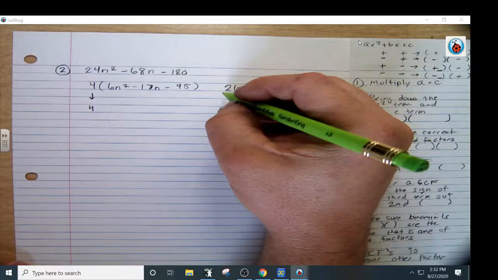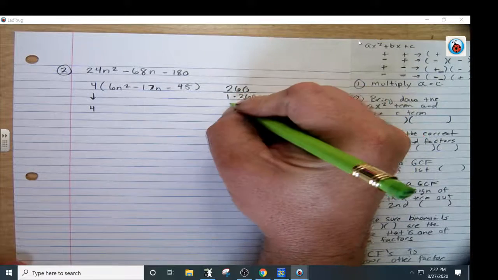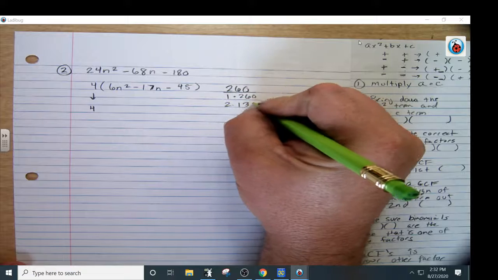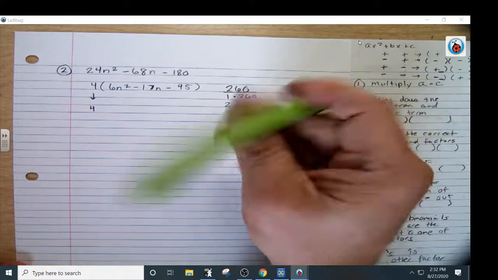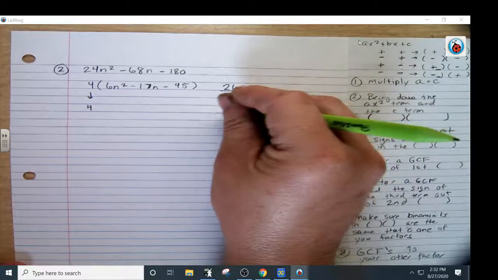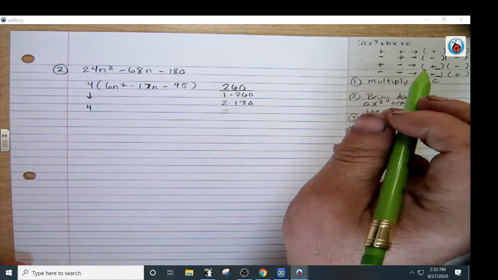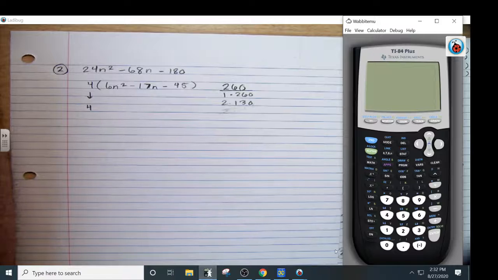So I'm going to do the ones I know. 1 and 270, 2 and 135. That won't be right. So let's get our calculator out, because man, we'll be here all day.